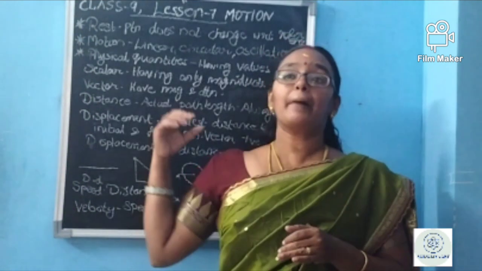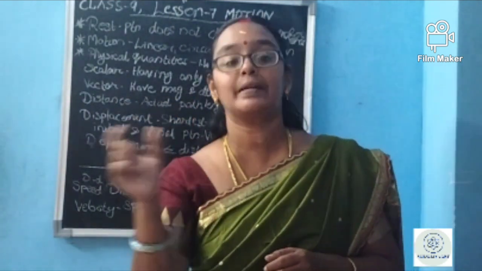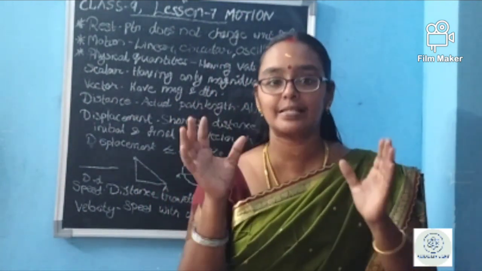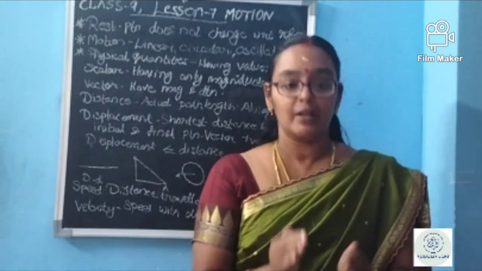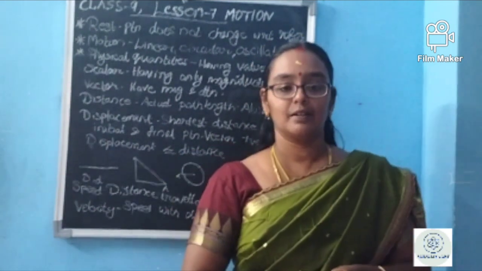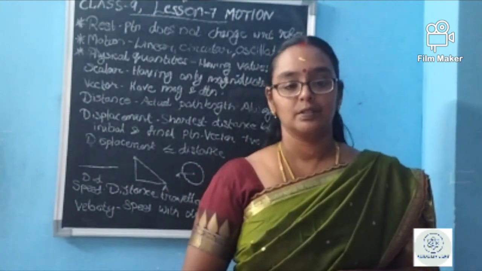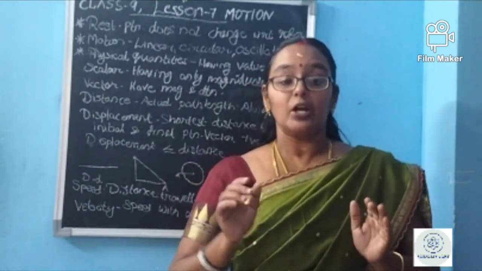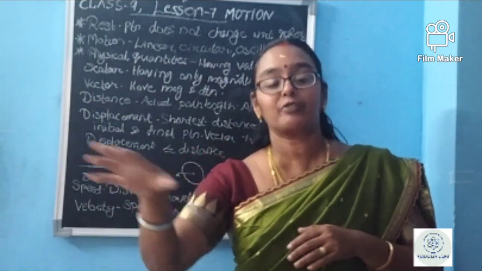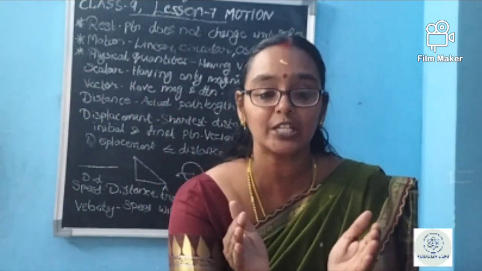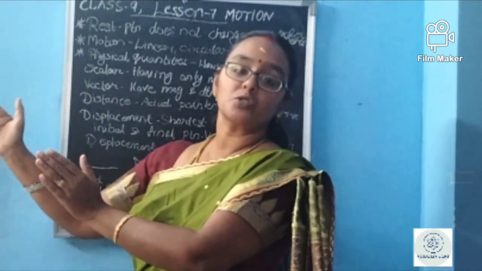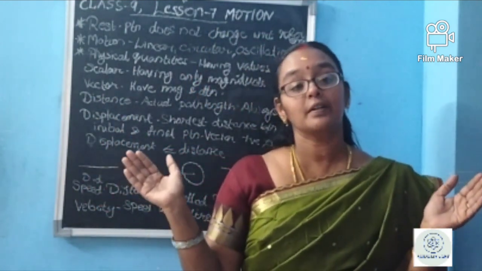So there is some other thing, that is displacement. From the name itself it is clear. Displacement from one place to another place, from home to school. It doesn't mean that you need not go with your friend and all. But what is the initial position? Home. What is the final position? School. So what is the displacement?